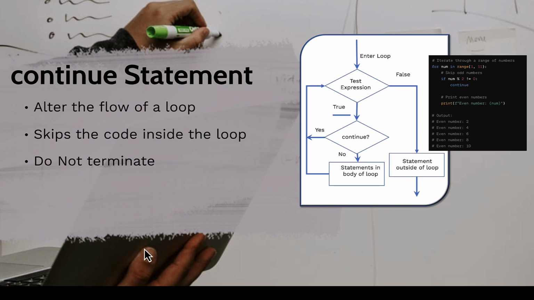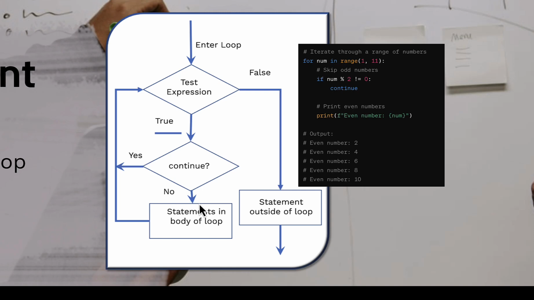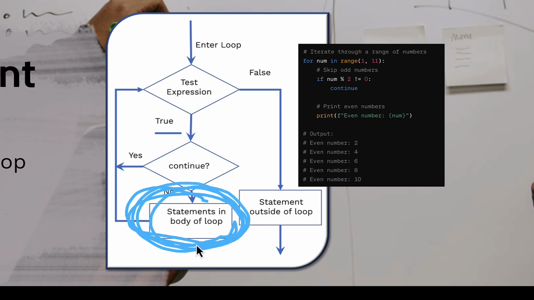If we take a continue, we'll also again alter the flow of a loop, skip the code inside the loop, and it does not terminate. So slightly different configuration here. So we enter the loop, we have a test condition if it's true, and then we have yet another test condition, and if this is true, it will exit out and not perform any kind of action here.